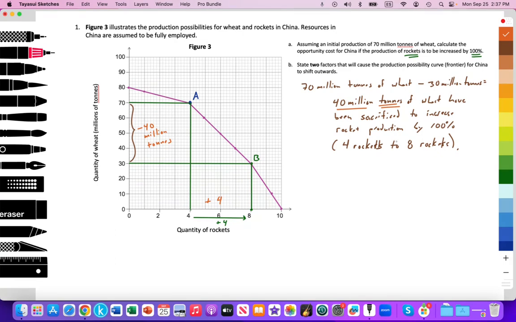Okay, we can also simplify that, so it's 40 million tons to generate, here's a ratio here, 4 additional rockets. Which can break down to 10 million tons sacrificed to produce each additional rocket.